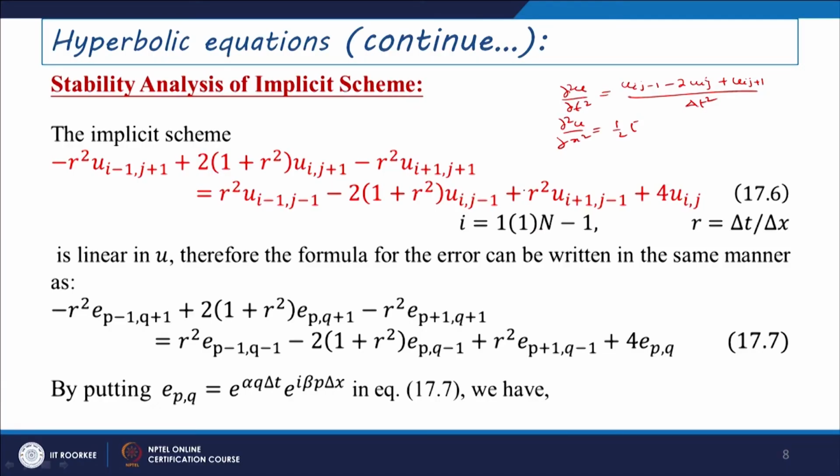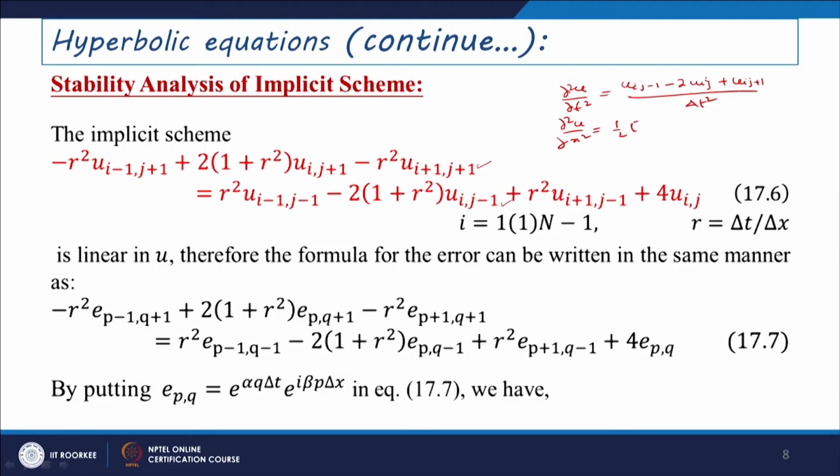So, we are considering the average of these two schemes itself. That is why we obtain these schemes in the form where at the j plus 1th level one of these values appears, and at the j minus 1th level some of these values appear.